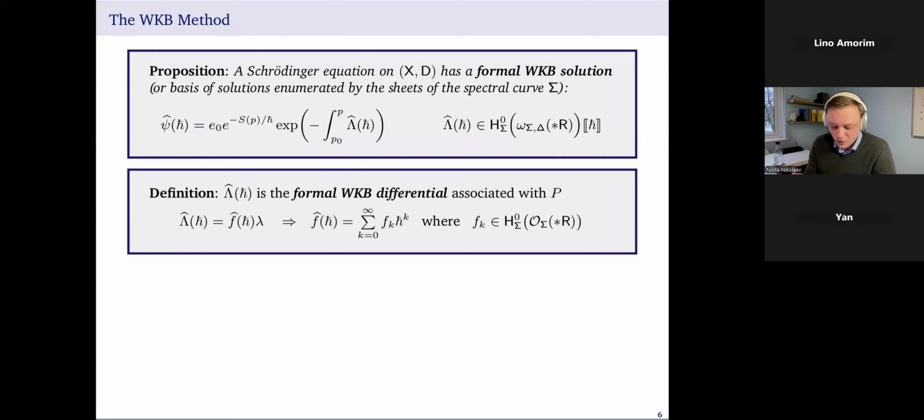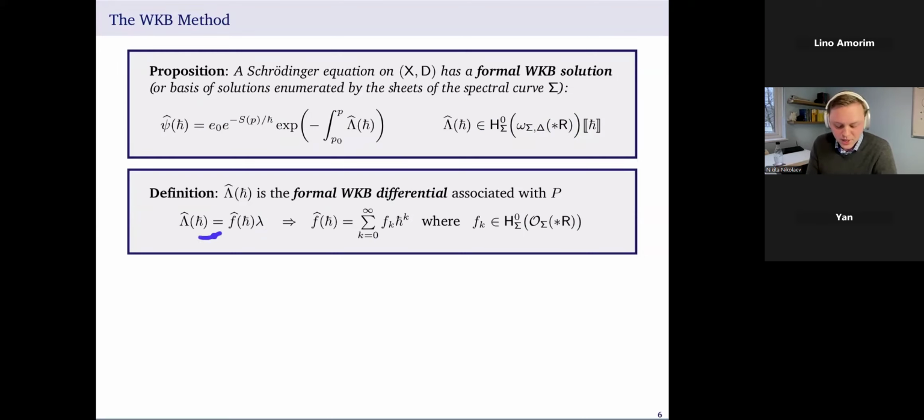So this is an important point. It's because this formal WKB differential, I said, has unbounded order poles along the ramification, but also poles along this divisor delta. But lambda has the same polar behavior, like little lambda has the same polar behavior as the coefficients of capital lambda hat along delta.